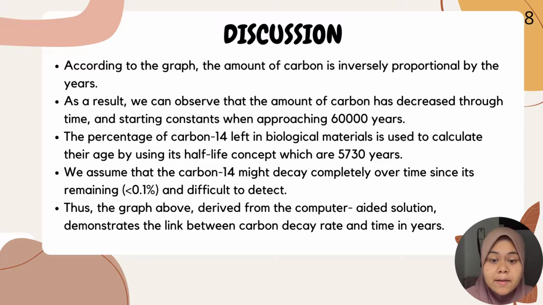So we assume that the carbon-14 might decay completely over time since it remains below 0.1% and is difficult to detect. Thus, the graph above derived from the computer-aided solution demonstrates the link between carbon decay rate and time in years.